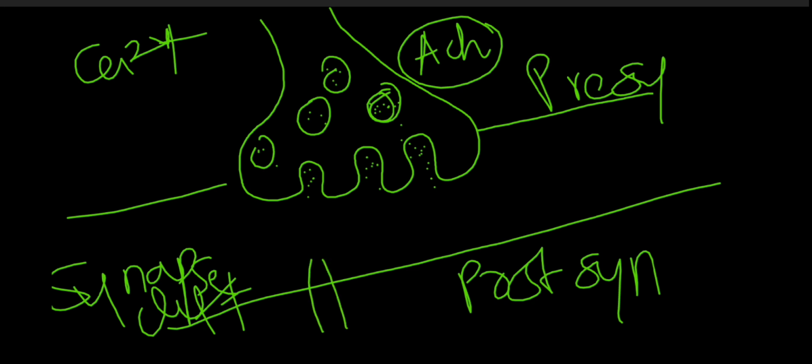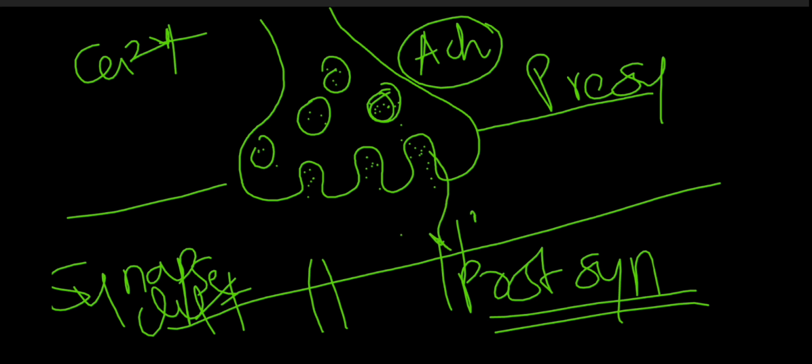Here there are receptors present at the postsynaptic membrane. These receptors help in the binding of the neurotransmitters which are released in the synaptic cleft.